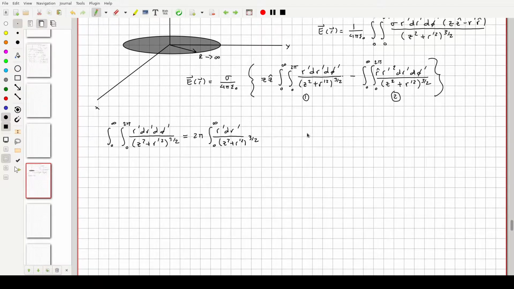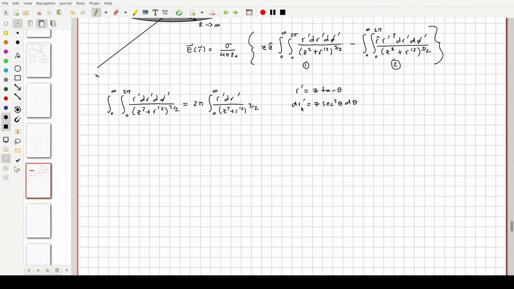And I'm going to do a substitution. The same sort of substitution that we've been doing so far because of the way the denominator looks. I'm going to call r prime z tangent of theta. Dr prime is equal to z secant squared of theta d theta. And if I plug that in here, now take a look and see what happens here. I have an r prime here. I have a dr here.